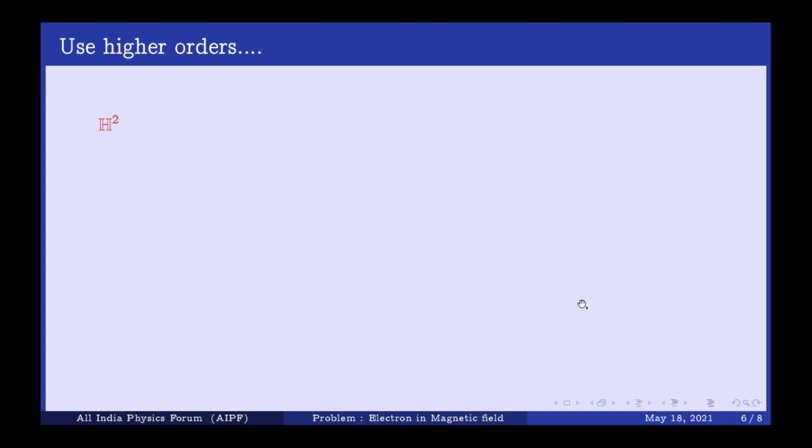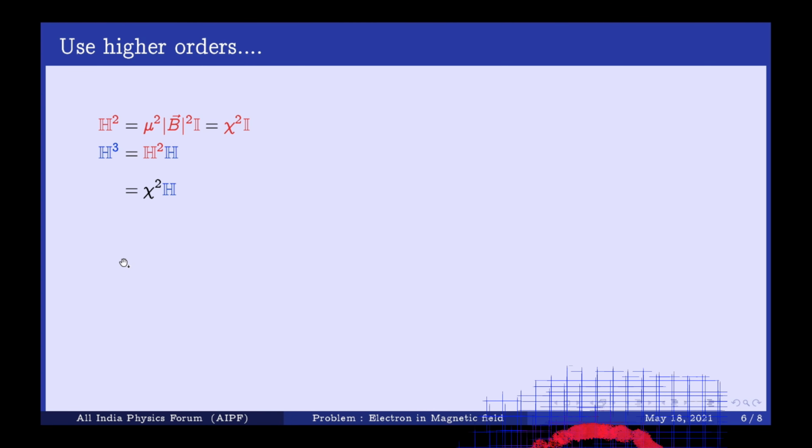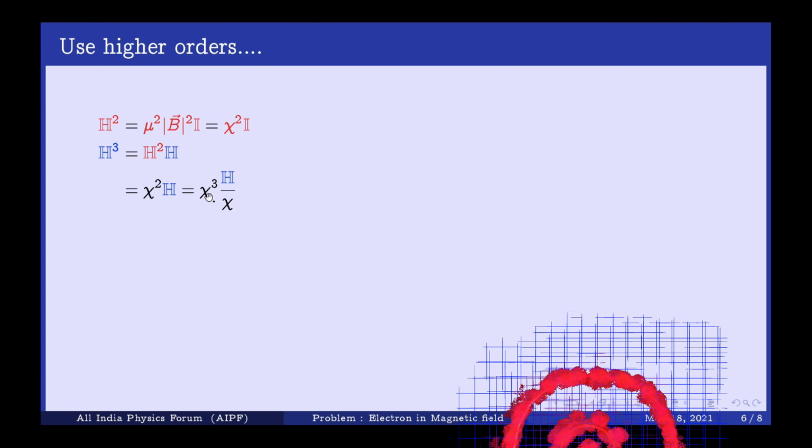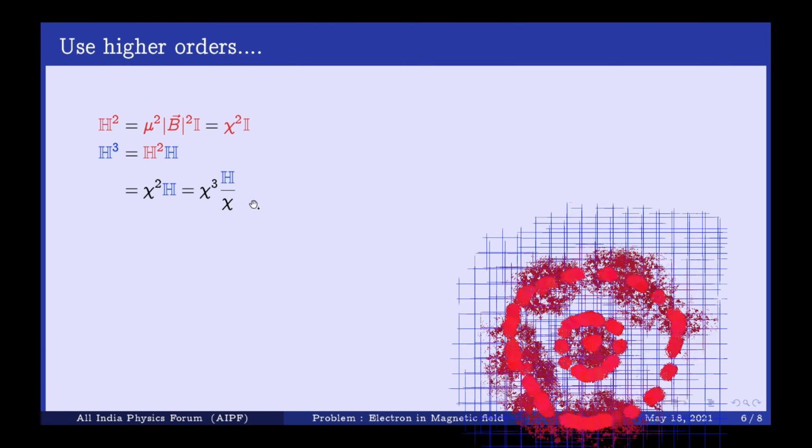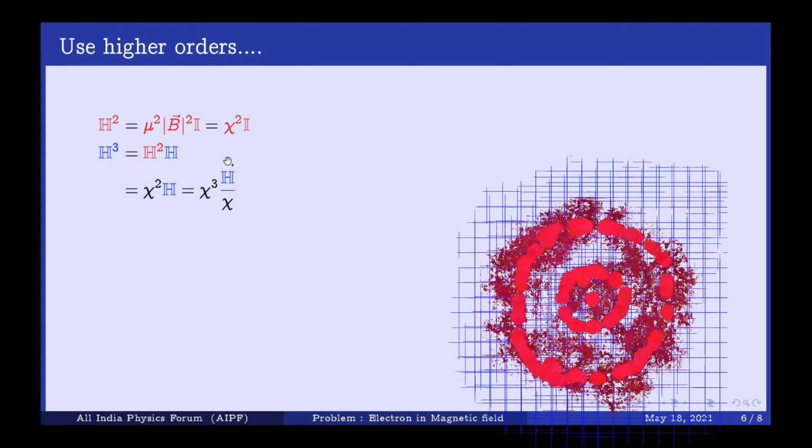So now we have this H square as chi square identity, and similarly we can calculate H cube, and that will be a product of H square into H. So this will be chi square H, as you know H square is chi square identity, and just divide it by another chi and make it chi cube. That will be convenient, and you can find why we are doing this.